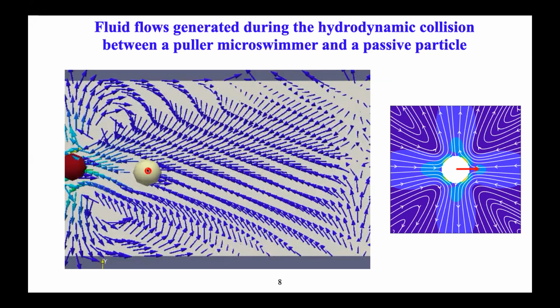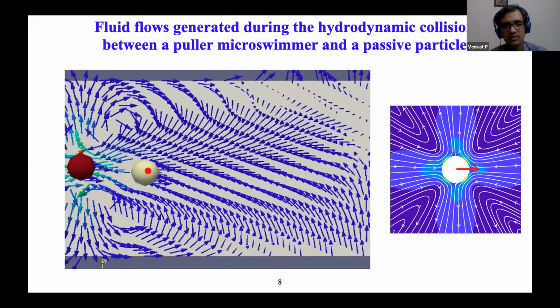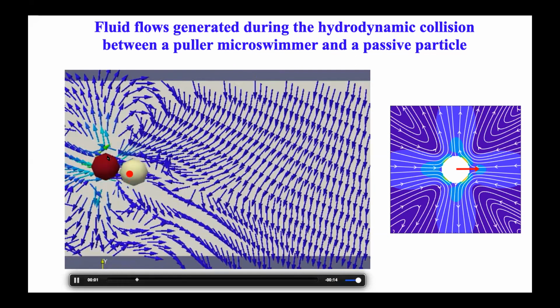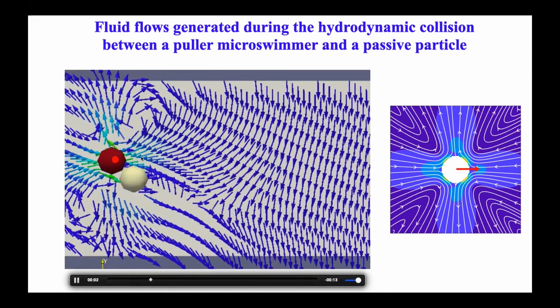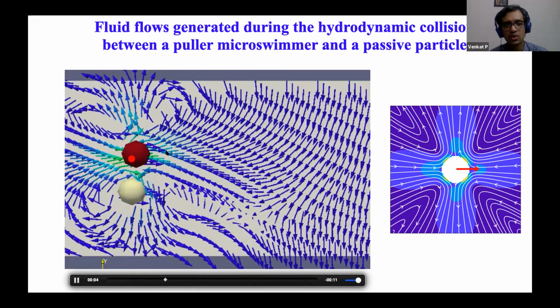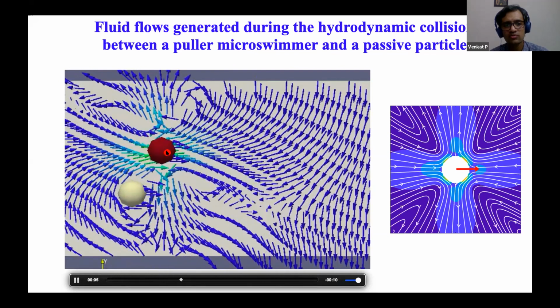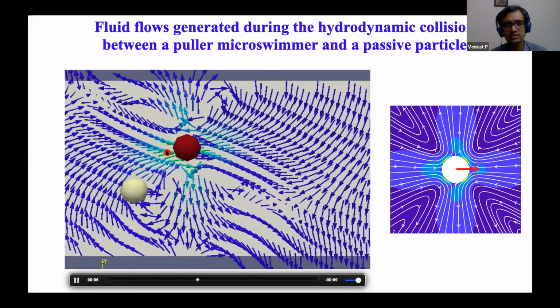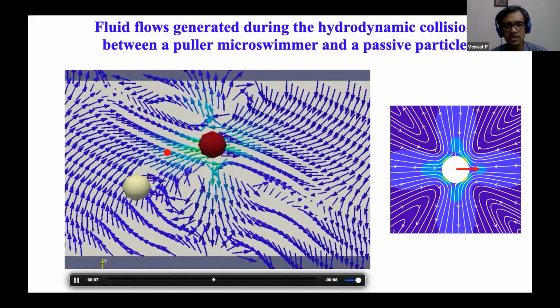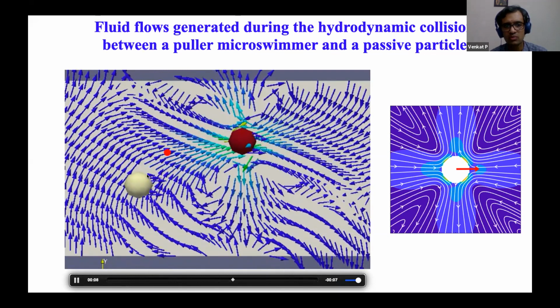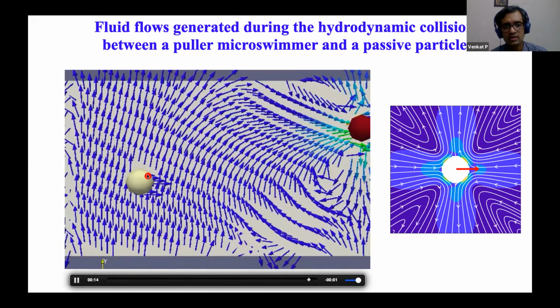So the white one is the passive particle, and this red one is the swimmer. Okay. So once the force field is created, the white is not moving. I'm just surprised to see why white is not moving behind the red.